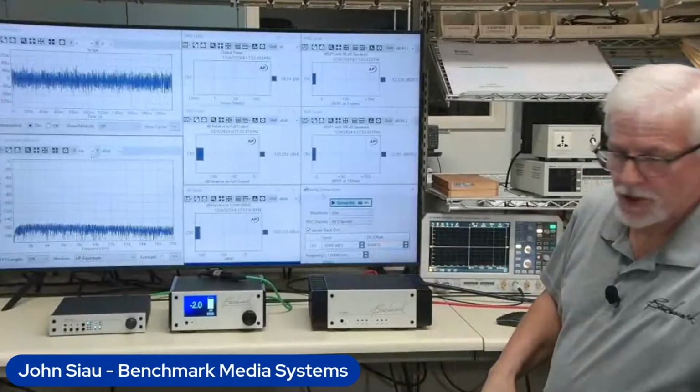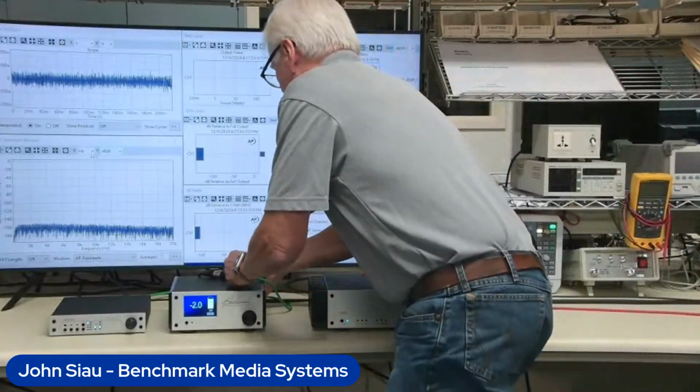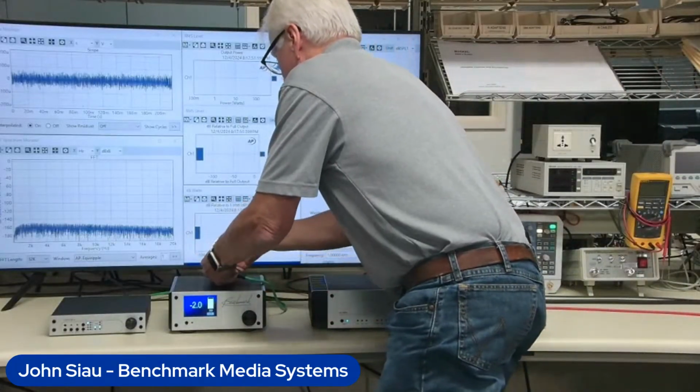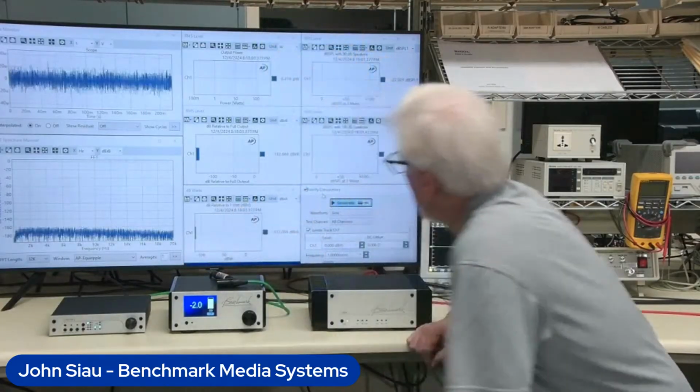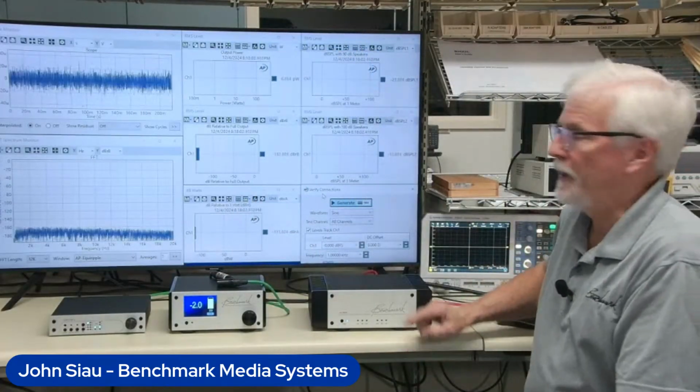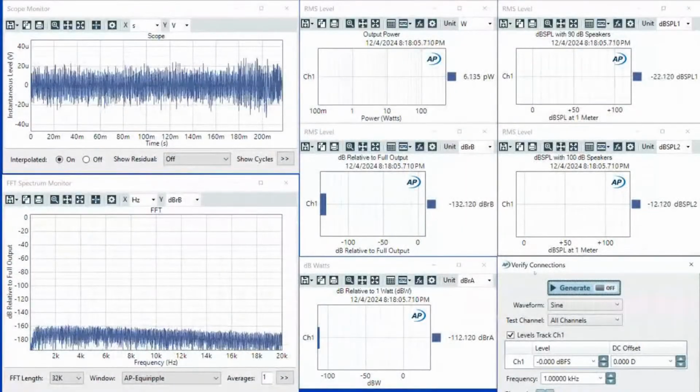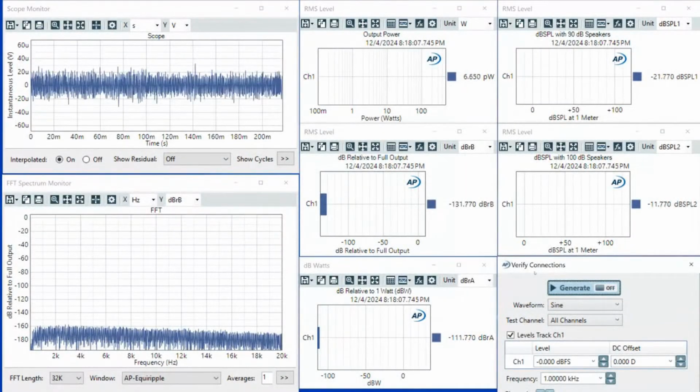If I short the input of the amplifier, all right, there's the signal to noise ratio of the amplifier, 132 at low gain.